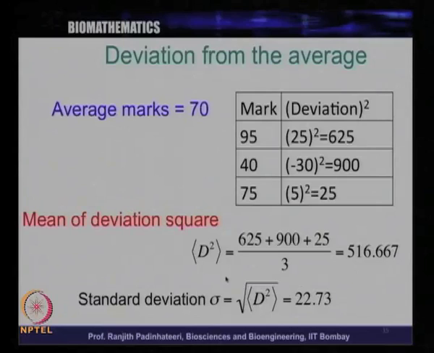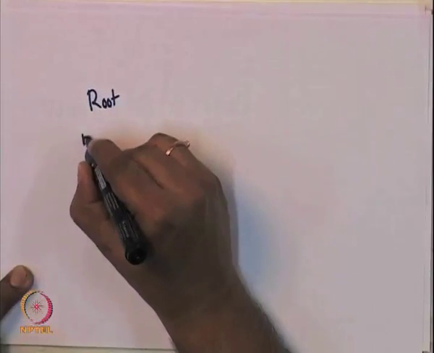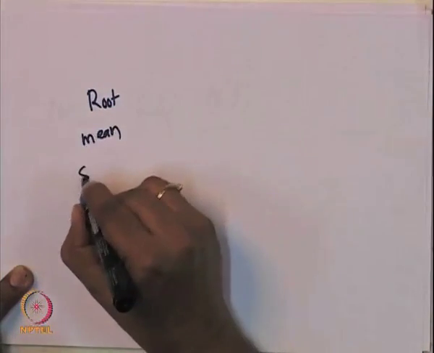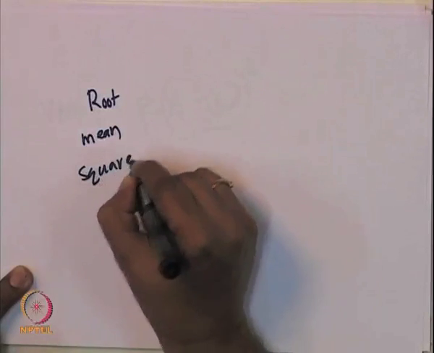So the standard deviation is the square root of the deviation square average. Such things are called root mean square. There is a square, there is a mean, and there is a root. So standard deviation can also be called root mean square deviation, if you wish.